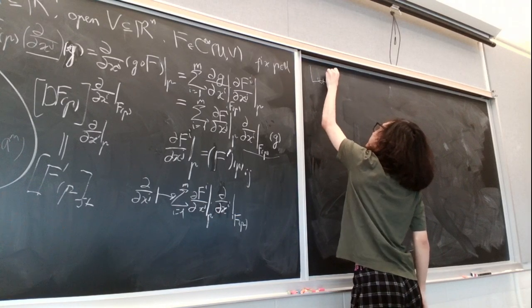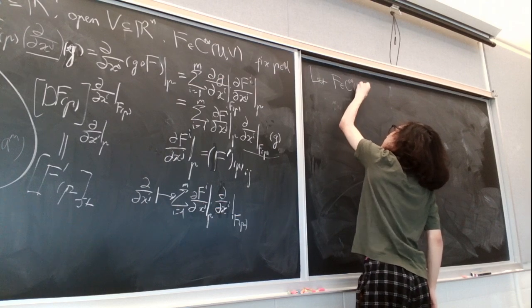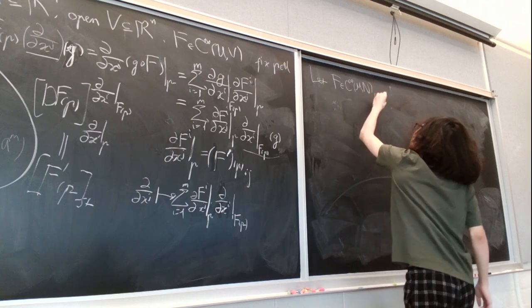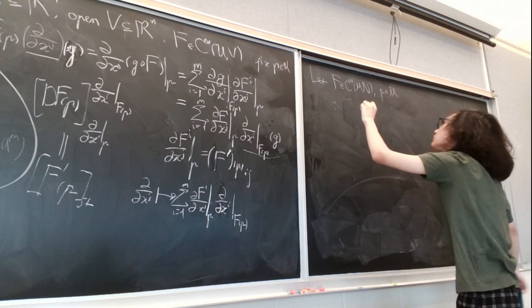Okay. So now we let f be just some smooth map between manifolds, and then we pick a point p in the first manifold.